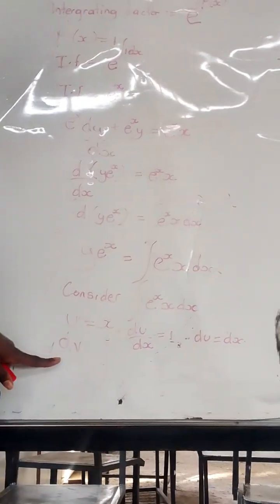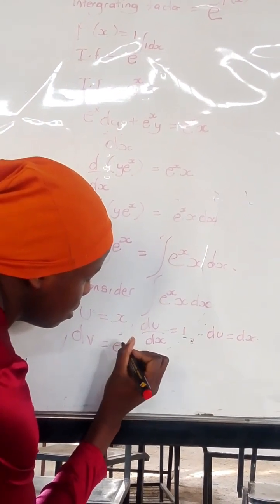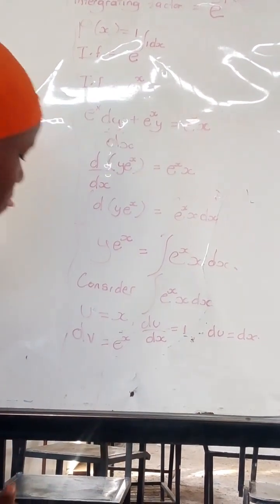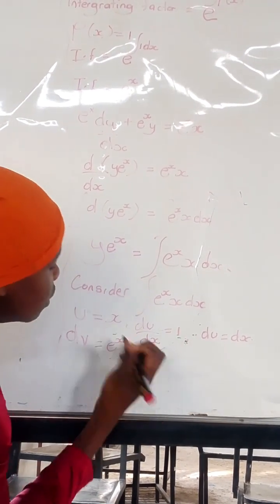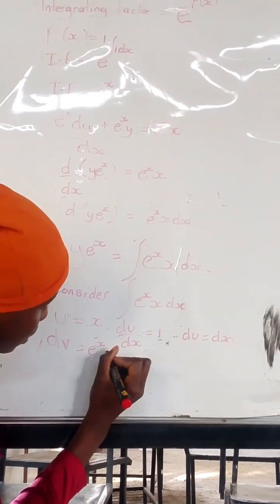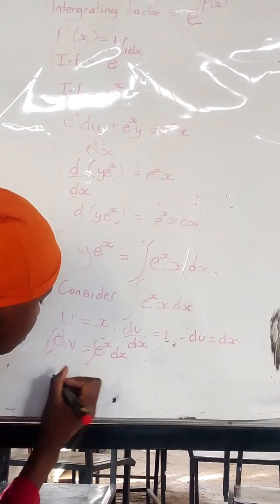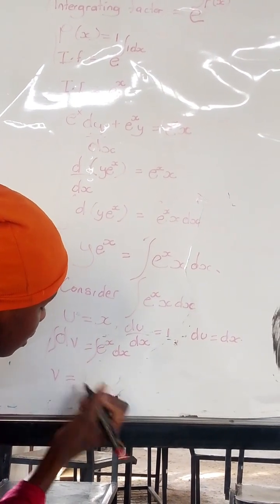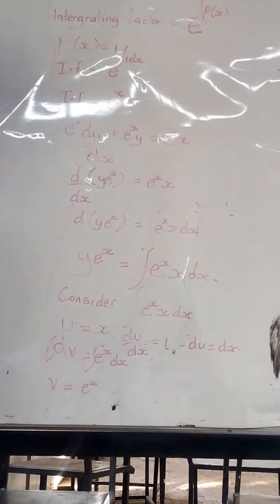Then our dv is e power x. If we integrate with respect to x here, we shall get our v as e power x.